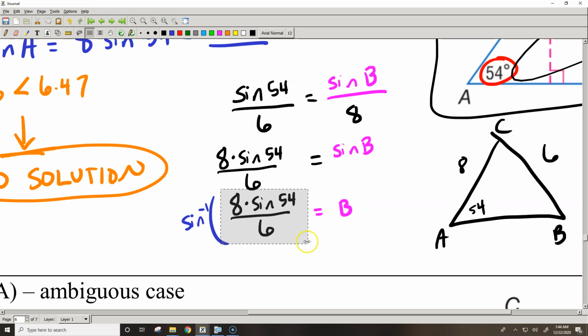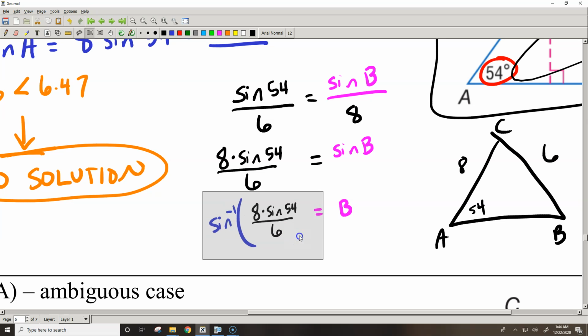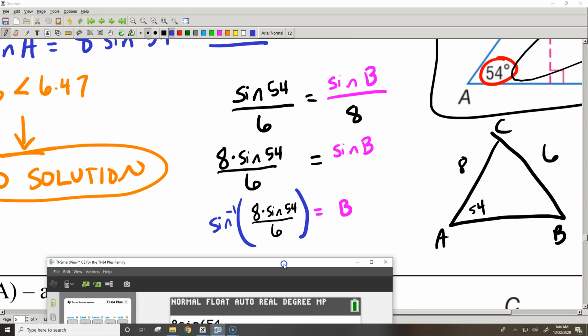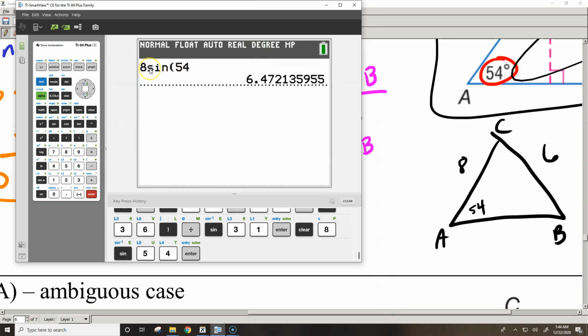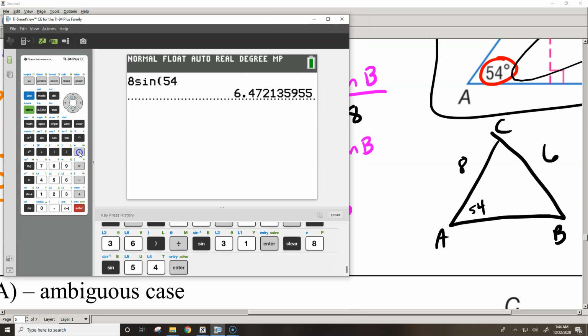So let's say I'm going through the problem, and this is my answer for angle B. I take sine inverse of all of that, which is just some number. Then let's see what happens. If I go ahead and calculate this out, 8 times sine 54 I already have in my calculator, and then I divide that by 6. Okay, so that's what it is. It's 1.07 something.